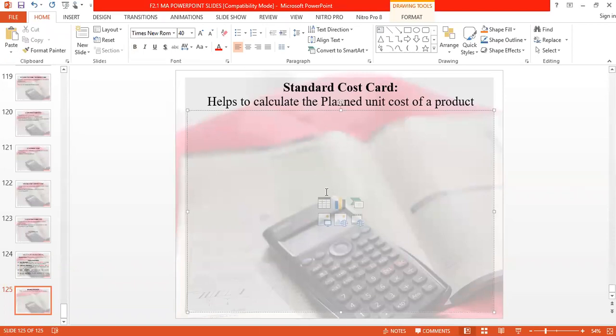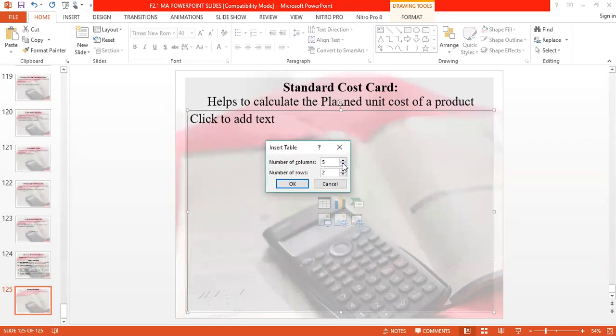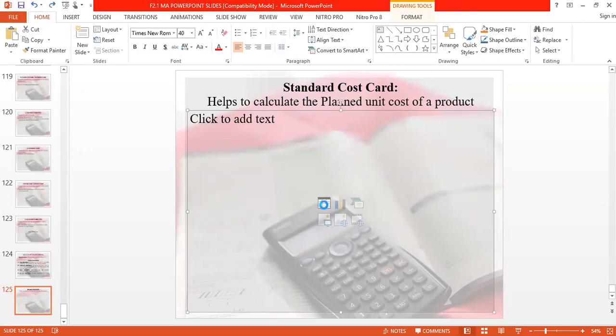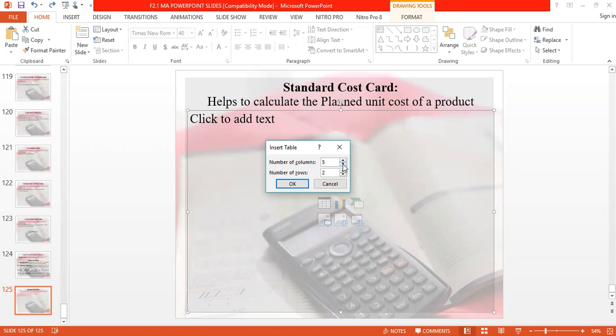How does a standard cost card look? Let's take note of this. Just a second, please.